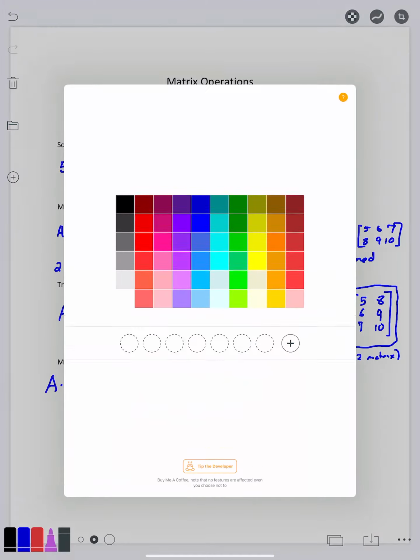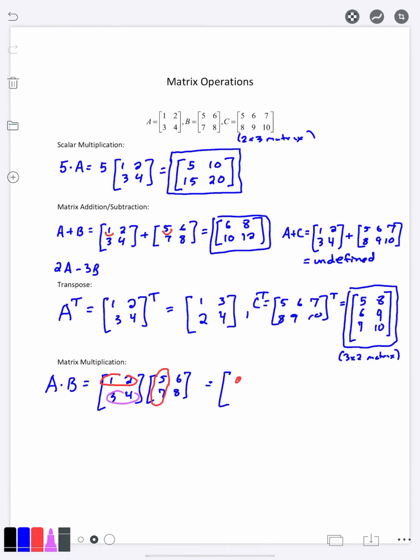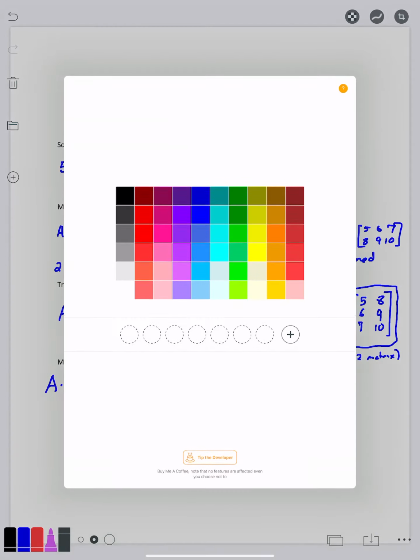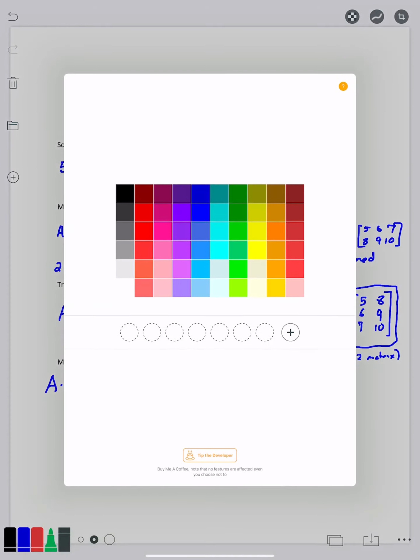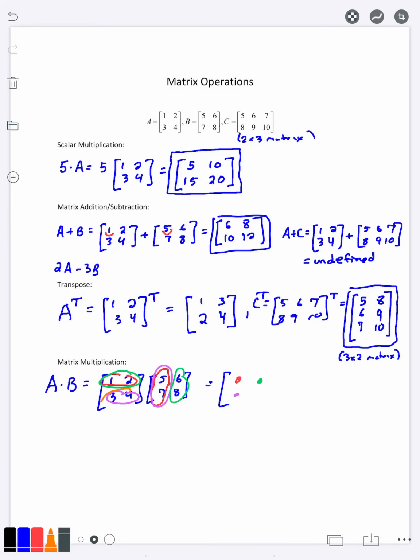And if I take the second row and first column, then that answer is going to be in the second row, first column of the matrix. And if I take the first row and the second column, the answer would be in the first row, second column of that. And finally, if I take the last row and the last column, it's going to be right there.